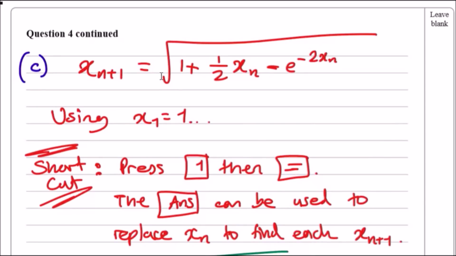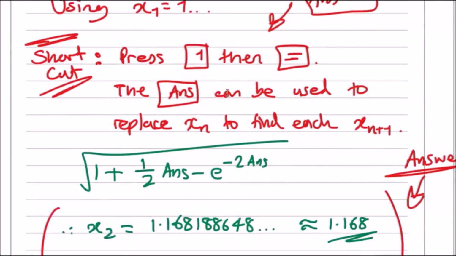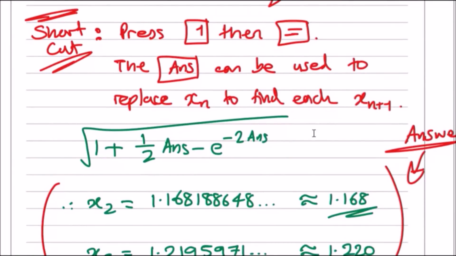Now what I would do, copy this formula down, but replace x n with your answer button. What happened here is that your answer value is currently at 1. Every time you press equal with the answer button here, it's going to automatically find the next values up. So it looks a bit like this. This is what should be in your calculator.